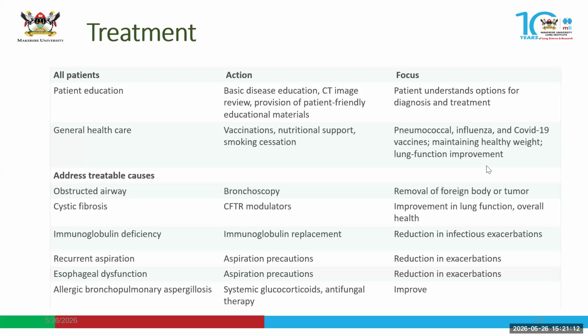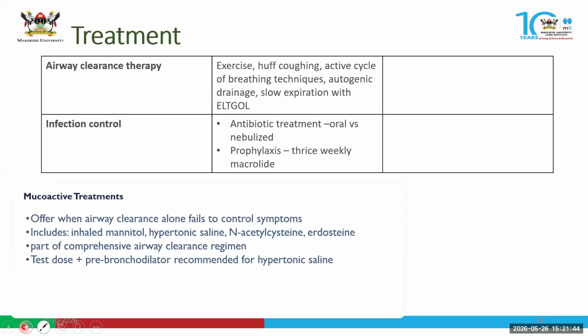Then definitely the general routine for chronic respiratory disease patients: the vaccinations, the nutritional support. Those that are smoking should be assisted in smoking cessation. Targeted, we can look at bronchoscopy for obstructions, and look at replacement in case of deficiencies for immunoglobulin. And then for those with upper GI comorbidities, they should also be addressed accordingly.